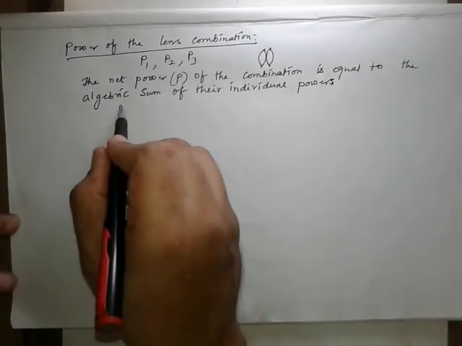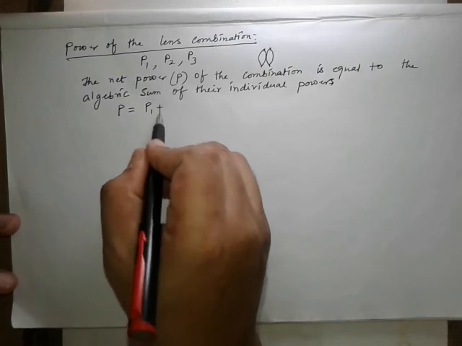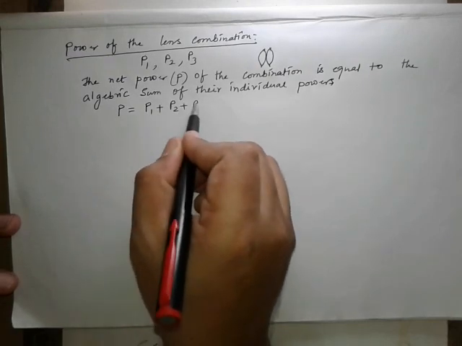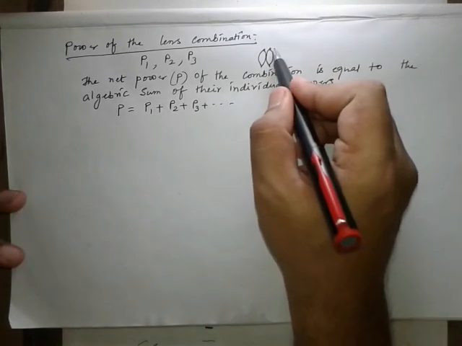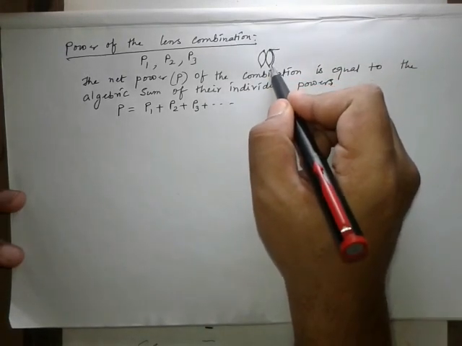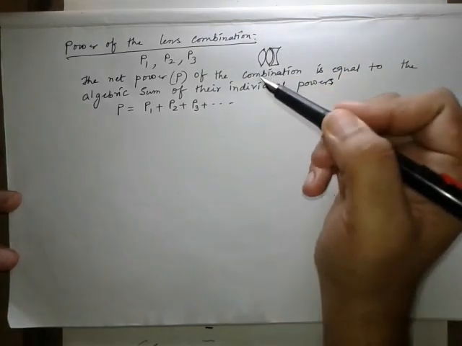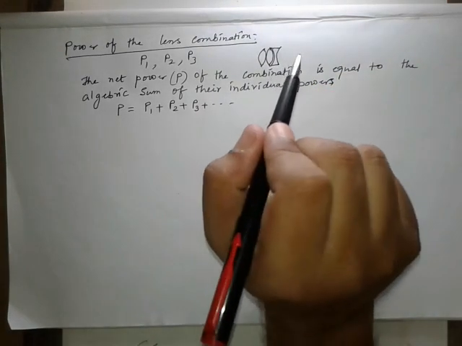So you can write P is equal to P1 plus P2 plus P3 and so on. If in this way some concave lens appears, then what will happen? It will be minus, because the power of a concave lens is negative.